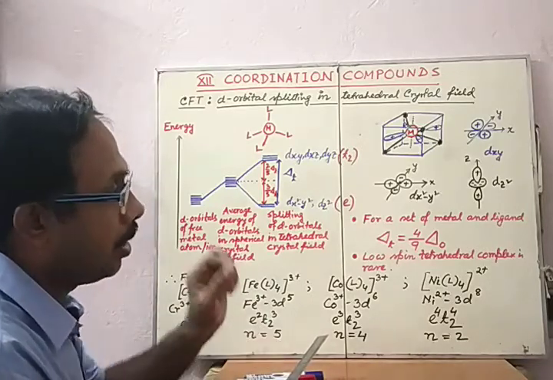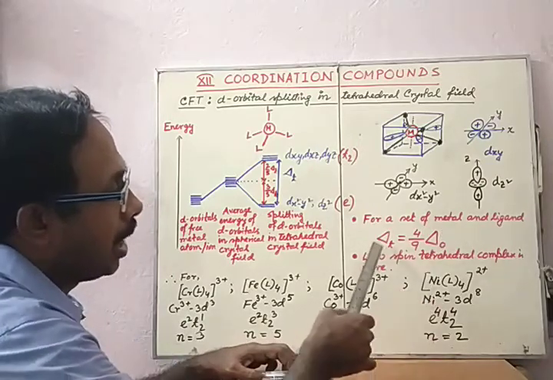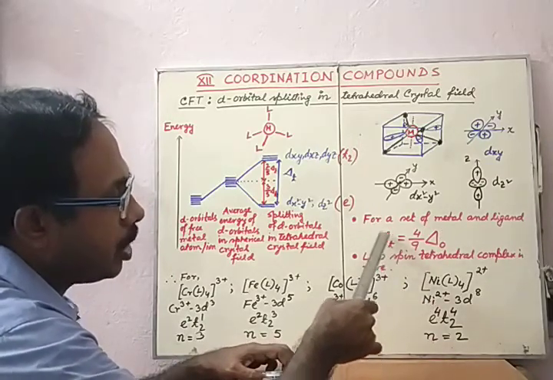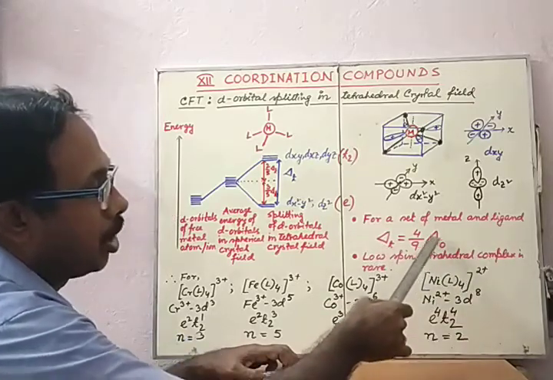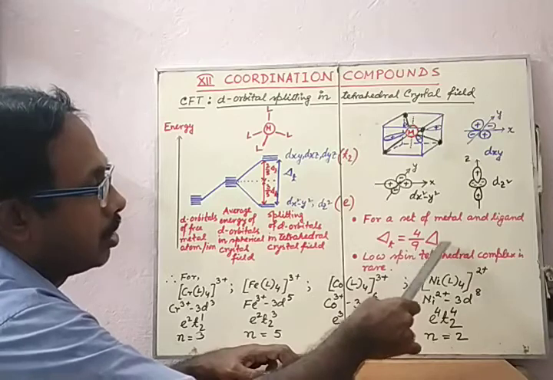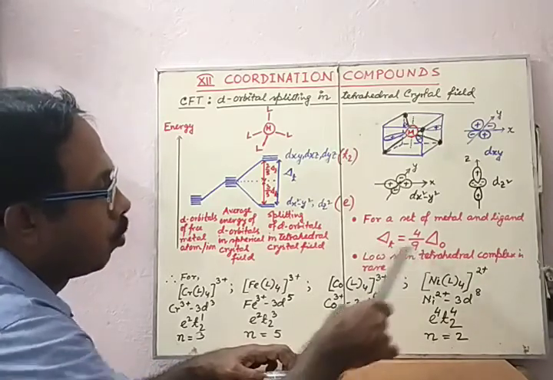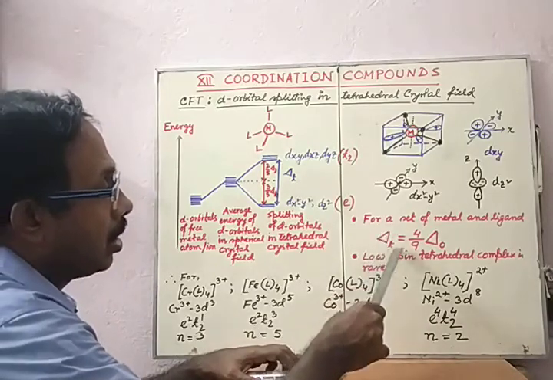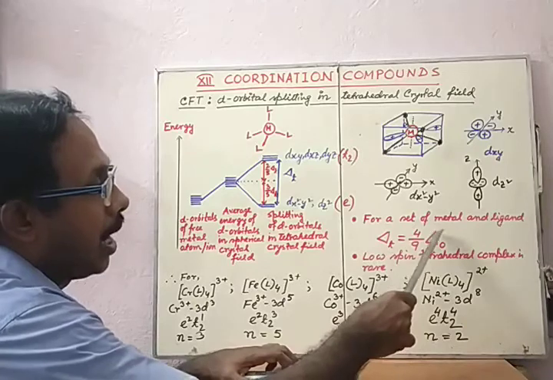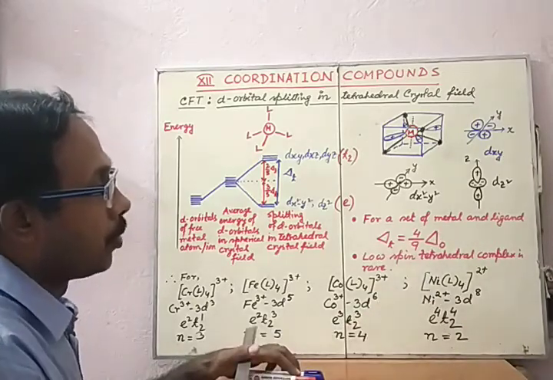If with chromium there are 4 ligands, then it is the splitting energy delta T, and if 6 ammonia are there, then the splitting energy is delta O. Now this is the relation, delta T equals 4/9 delta O. So it is found that delta T is less than delta O for a set of metal and ligand.